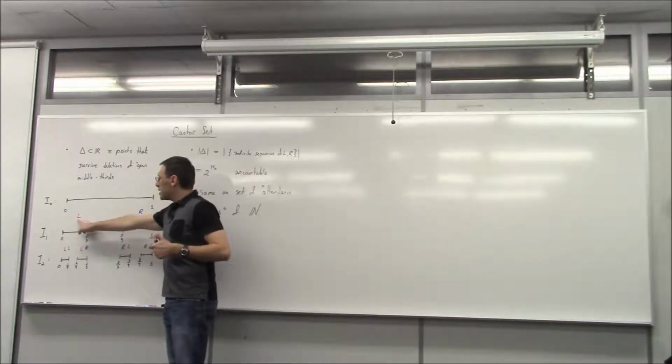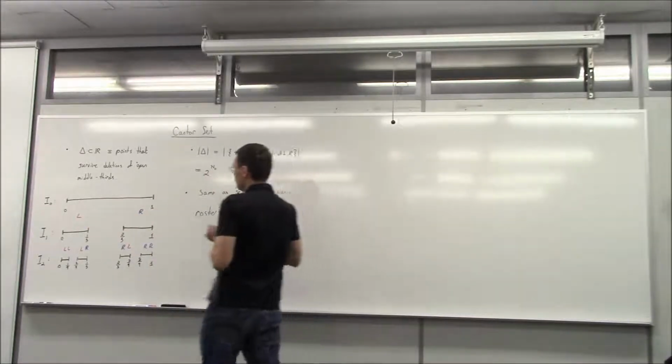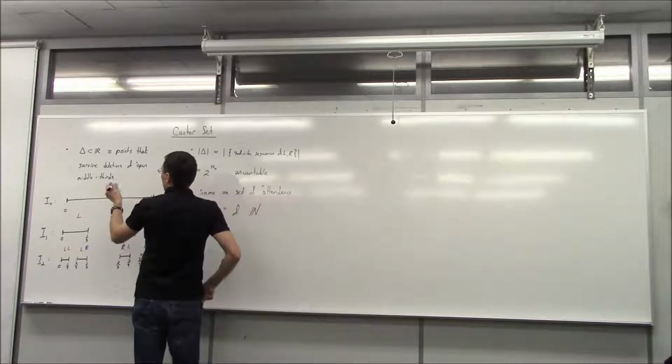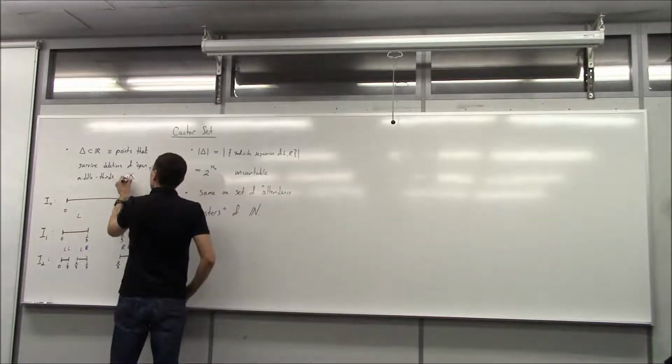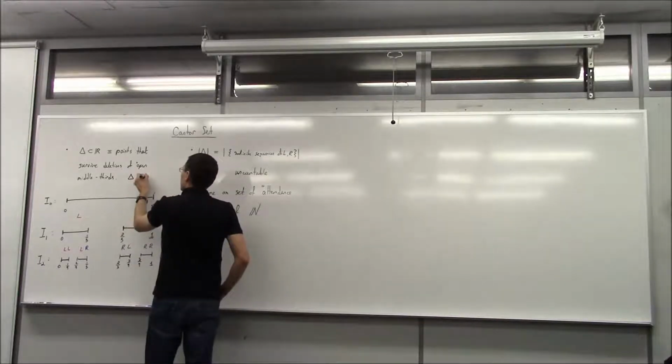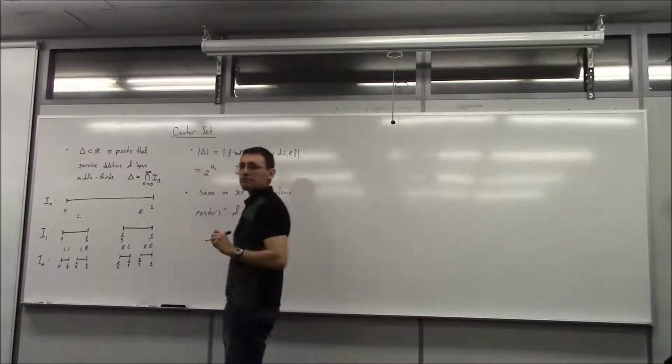And as you can see, when I look at the Cantor set, it's really the same thing as simply taking the intersection over n from 0 to infinity of I sub n.